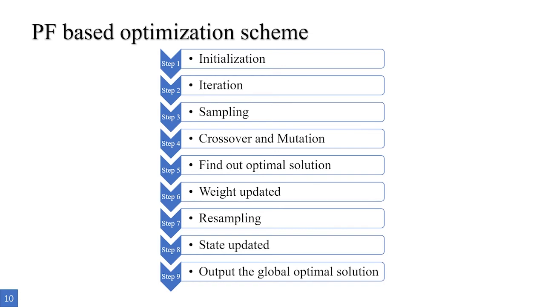Step 5. Find the optimal solution. Calculate the fitness value of each particle according to the objective function. Then find the optimal fitness and its corresponding solution.